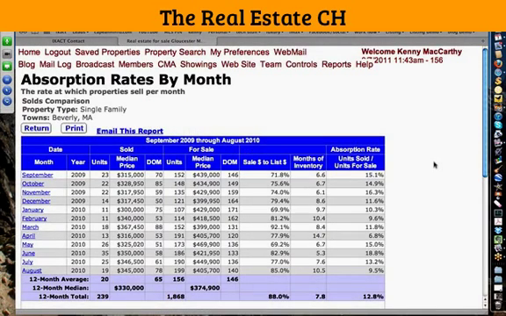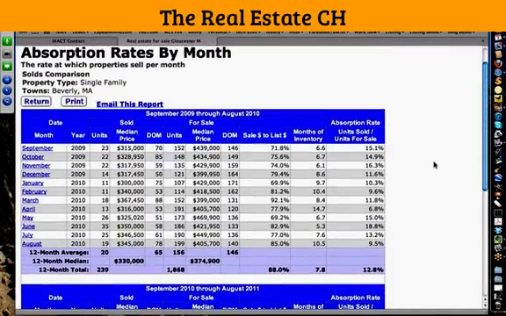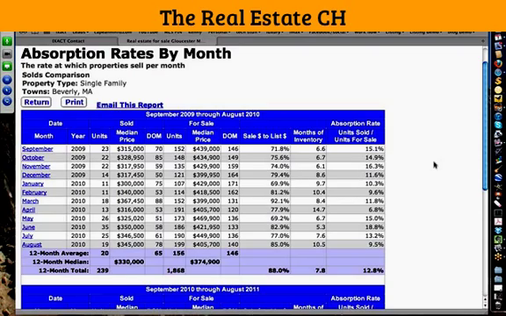And absorption rates, there's a tremendous amount of information on this report here. Basically, what an absorption rate shows is the number of properties that are on the market at a given time, and then the number of properties that were sold, and the percentage that's derived from the solds divided into the number on the market is the absorption rate.